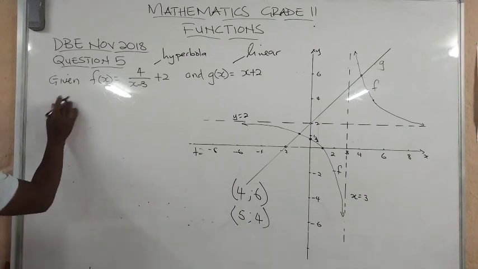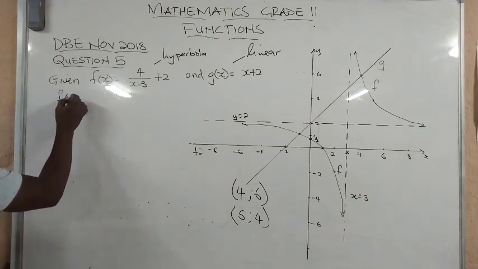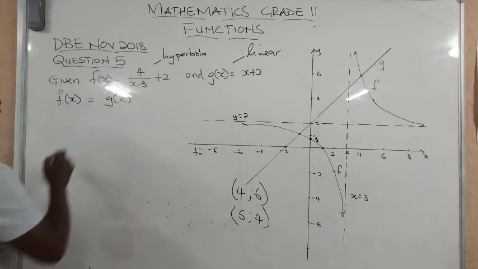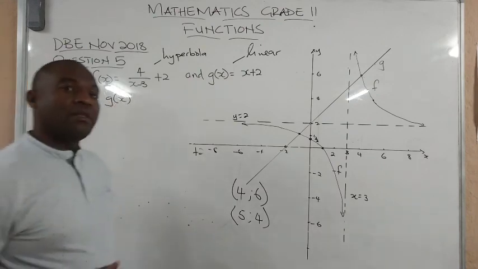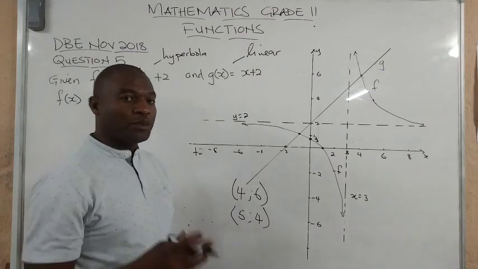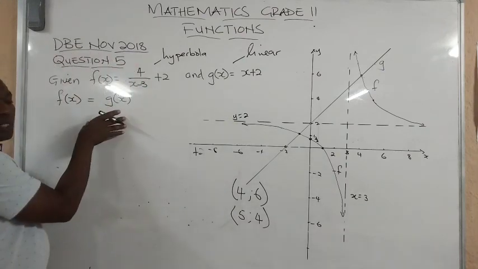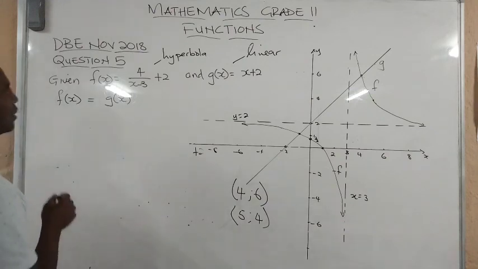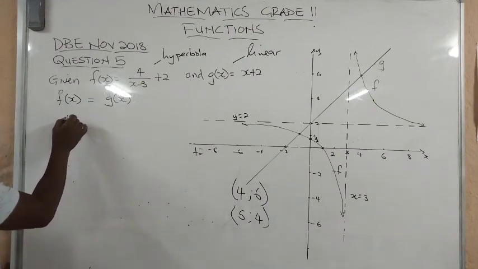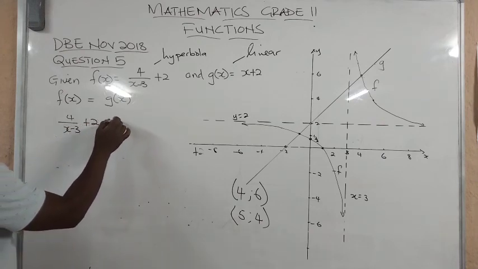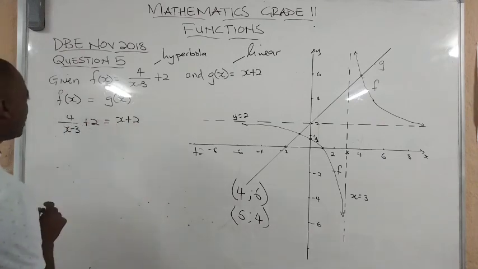So basically, we are saying f of x will be equal to g of x. And the question is saying calculate, which means that you have to solve the equation that is created by equating the 2 functions. So we are saying 4 over x minus 3 plus 2 is equal to x plus 2.